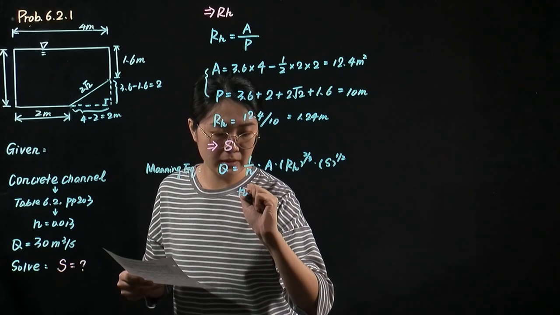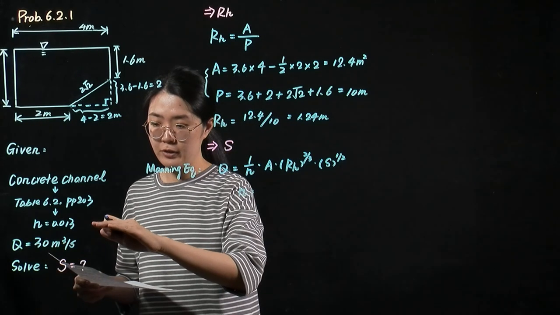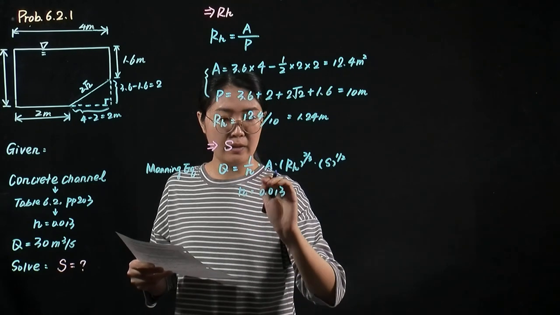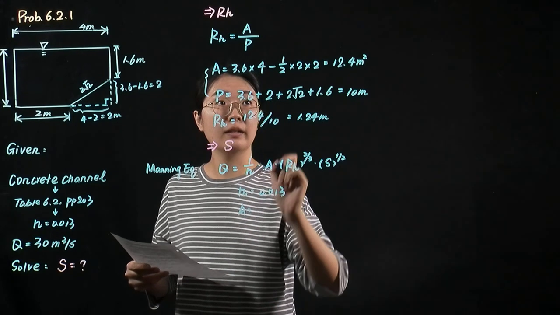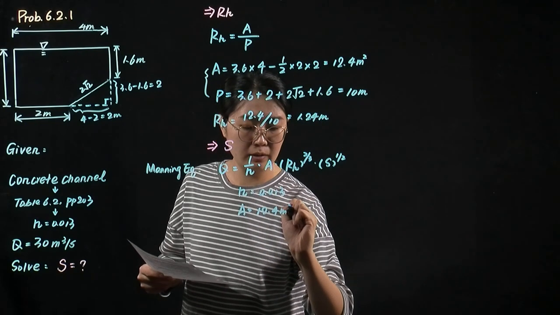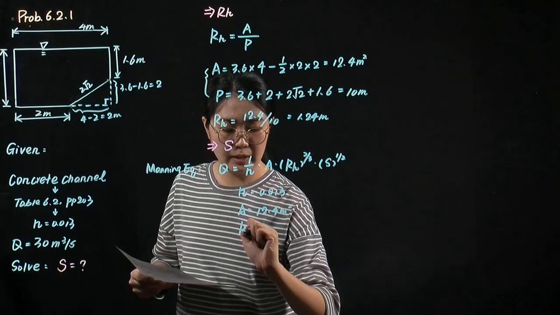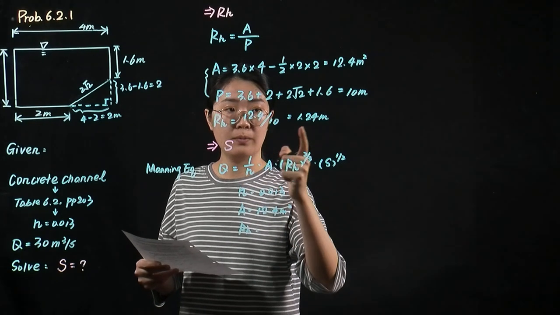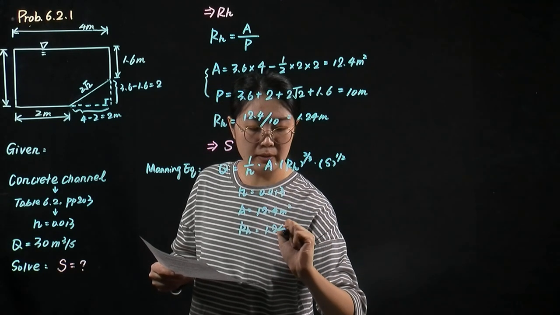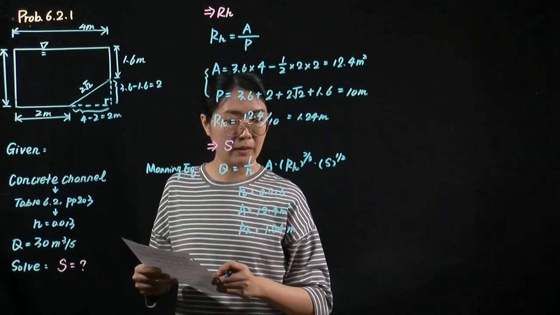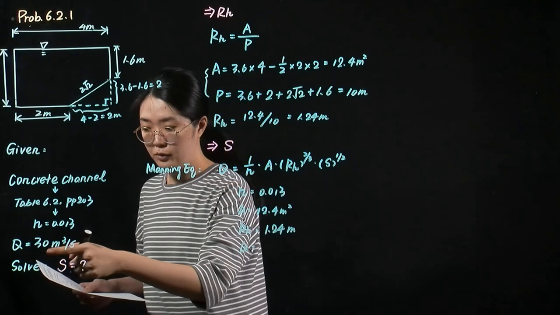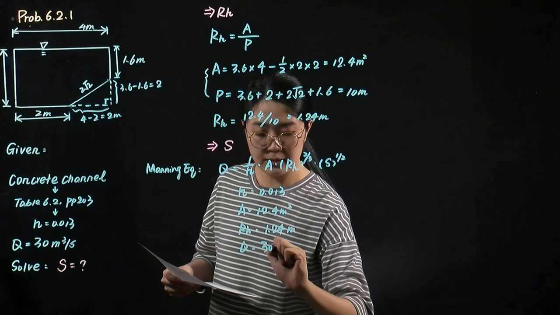Because we already know the coefficient, it equals 0.013. The area we just calculated equals 12.4 square meters, and the hydraulic radius equals 1.24 meters, and the flow rate equals 30 cubic meters per second.